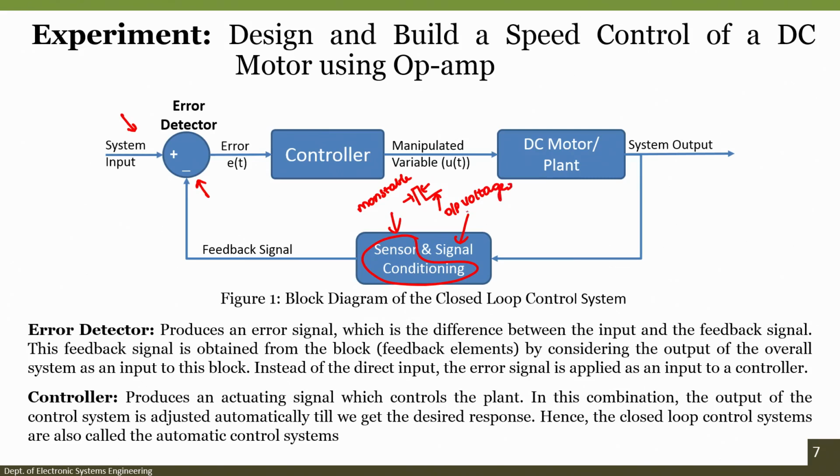right. And that too a linear output voltage, what I mean is that by varying the RPM of a DC motor, which varies with the change in the input voltage given to the DC motor, the output voltage also has to increase linearly. So, if this is the RPM and this is the sensor signal conditioning circuit, based upon the RPM the circuit output should also vary linearly, but at what rate?